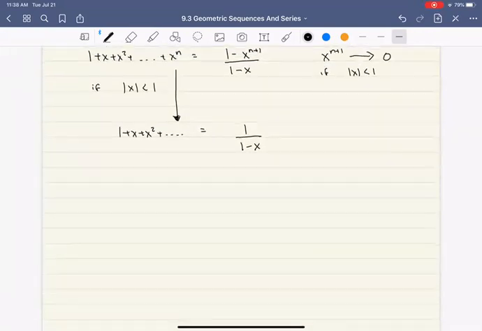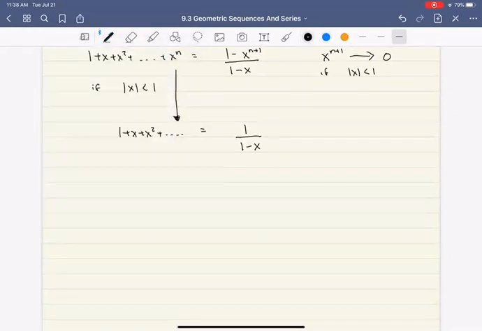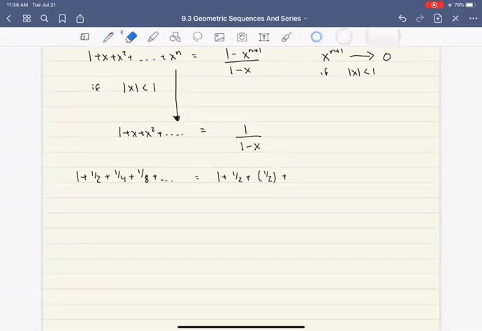So let's start with 1 plus 1/2 plus 1/4 plus 1/8. We keep on going. Okay, so we can think of that as 1 plus 1/2 plus 1/2 squared plus 1/2 to the third, going on infinitely forever.